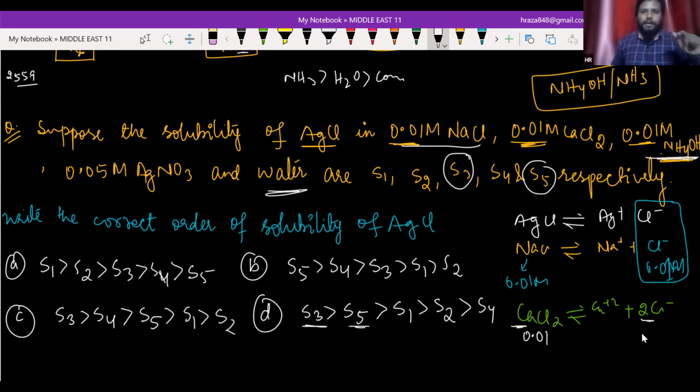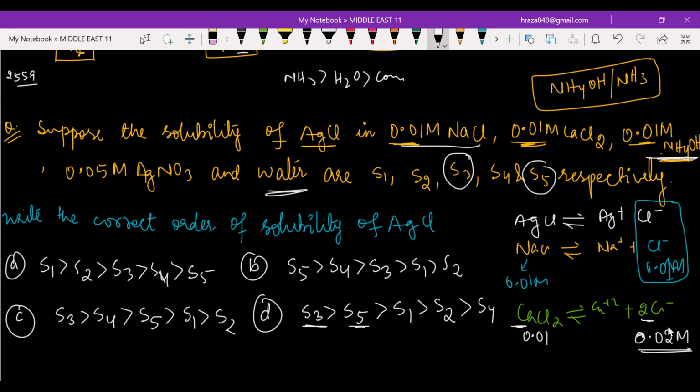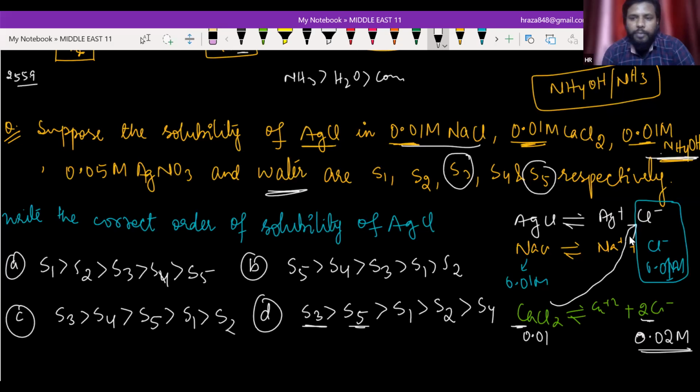That means 1 mole of CaCl2 will give 2 moles of Cl minus, so 0.01 mole of CaCl2 will give 0.02. Is that clear, everyone? Yes, sir. Now the common ion effect with CaCl2 will be more as compared to NaCl, right or wrong?